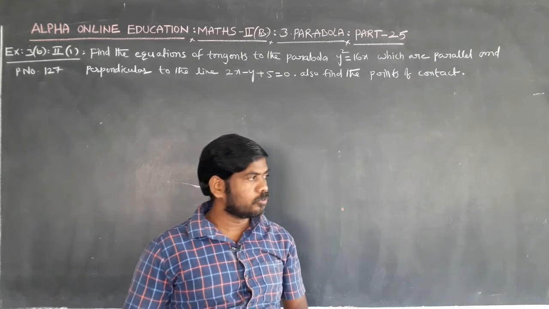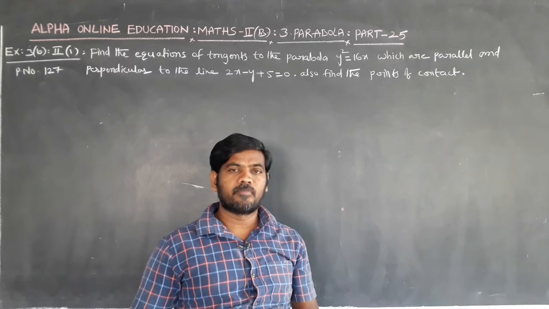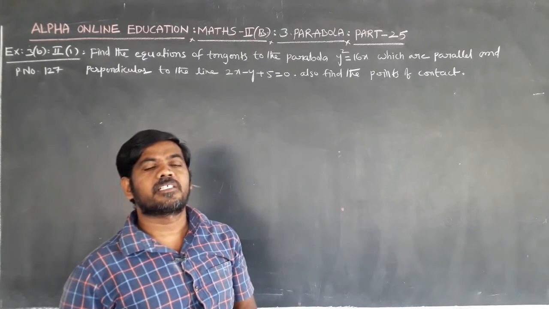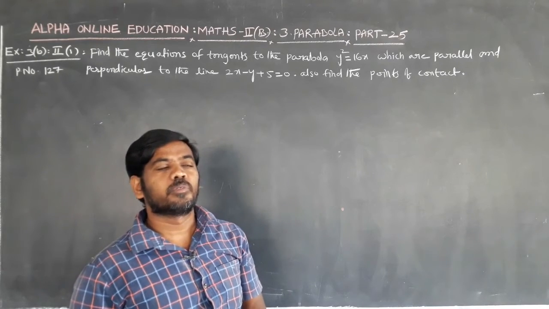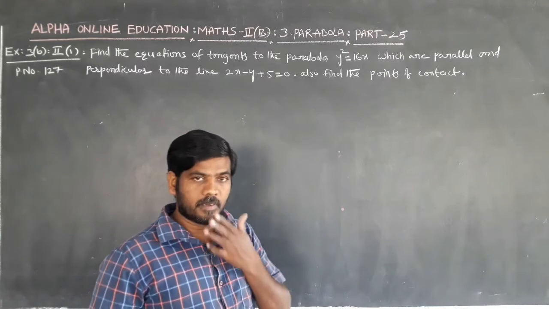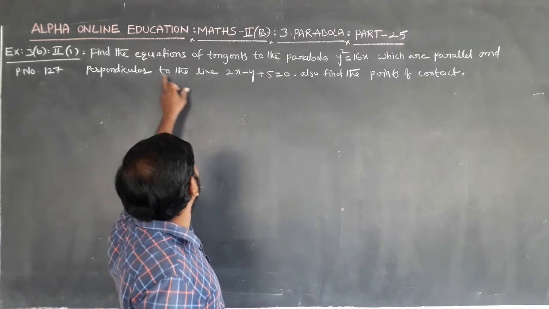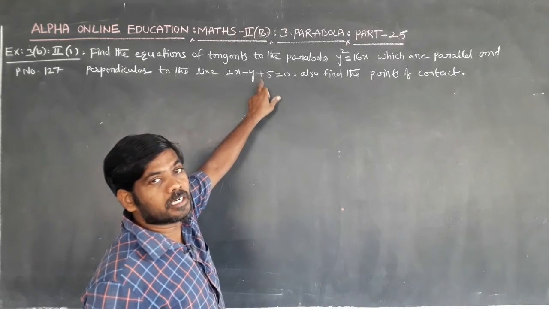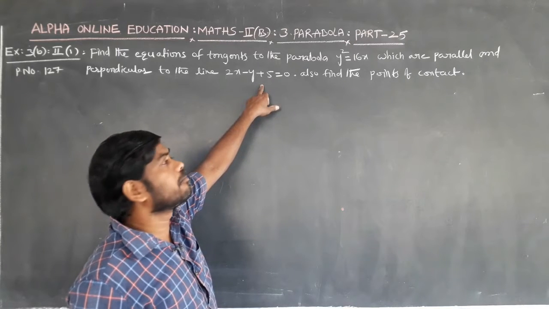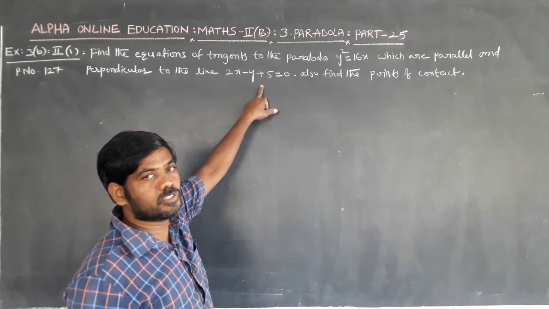Here we find the equations of the tangents to the parabola y square is equal to 16x which are parallel and perpendicular to the line 2x minus y plus 5 is equal to 0.